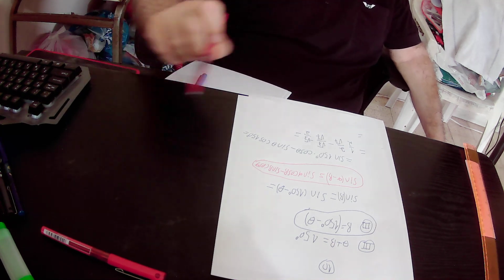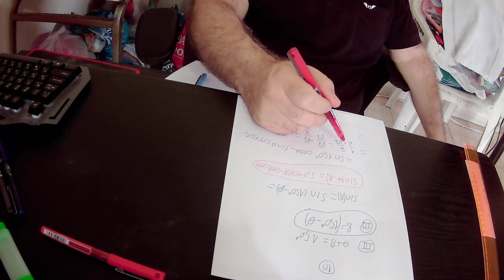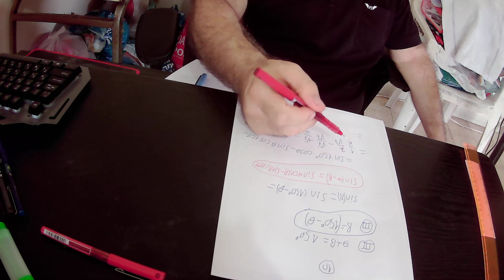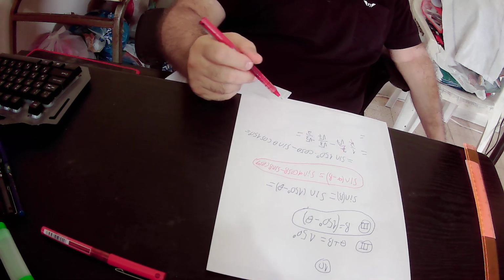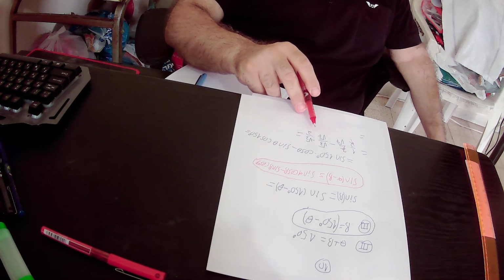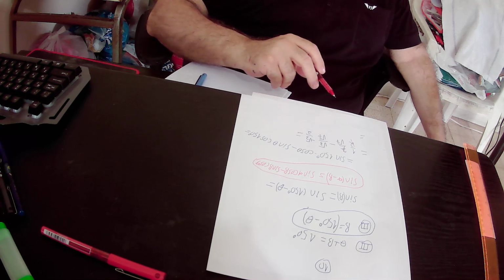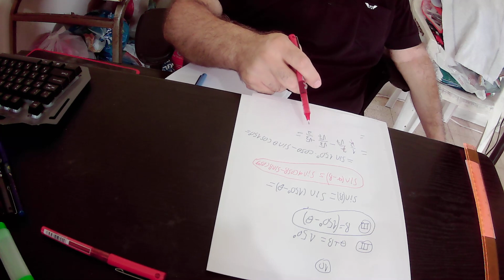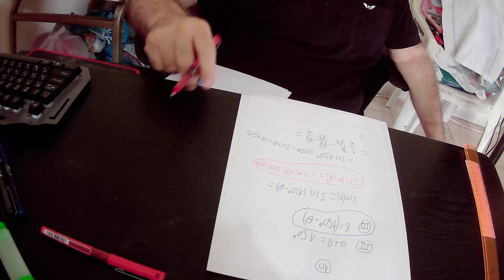Here we have 2 in the numerator and 2 in the denominator, so we can cancel 2, and minus times minus is plus, and root 3 times root 3 equals 3.